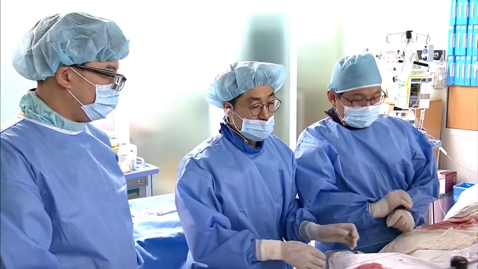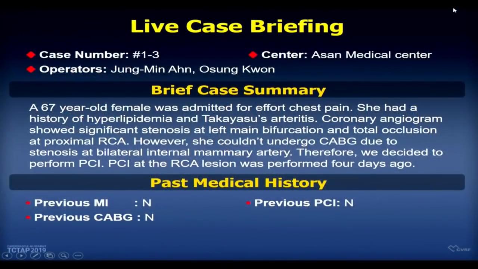Good afternoon, everyone. The patient is a 67-year-old female, admitted for typical chest pain. She had a history of hyperlipidemia and Takayasu arteritis involving both subclavian arteries. Coronary angiogram showed significant stenosis at the left main bifurcation and total occlusion at the proximal part of the RCA.